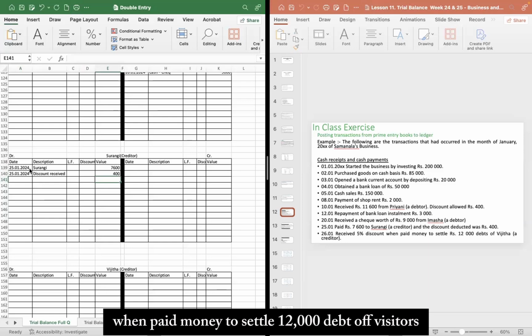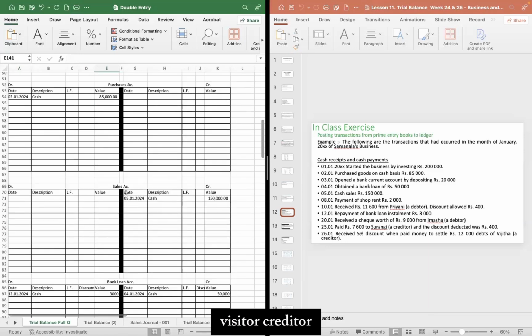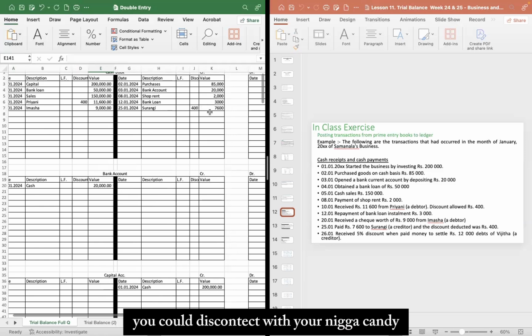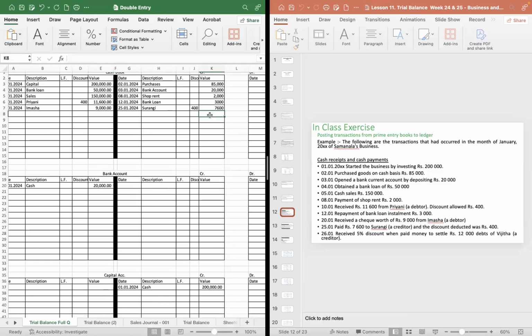debt of Vijita creditor. Let's look at this. It says received 5% discount when paid money to settle 12,000 debt of Vijita. Right? So the total here is 12,000. But I received a 5% discount.